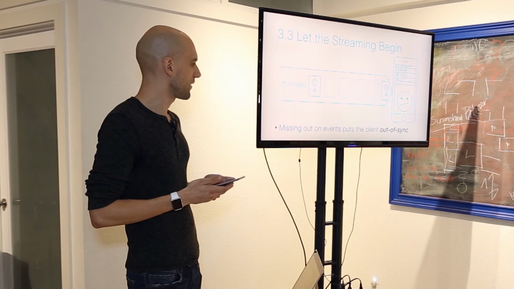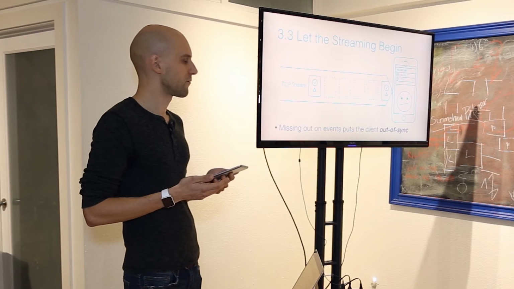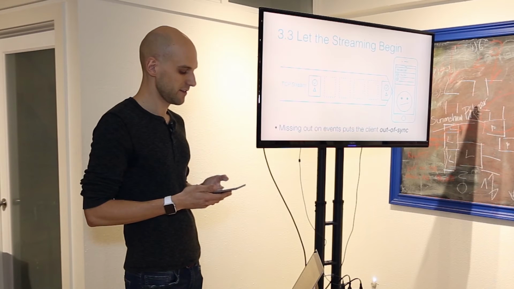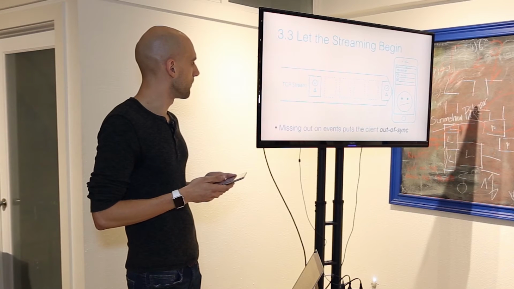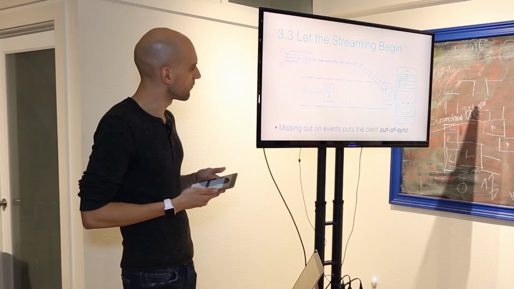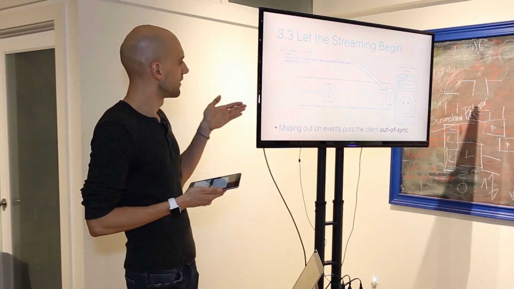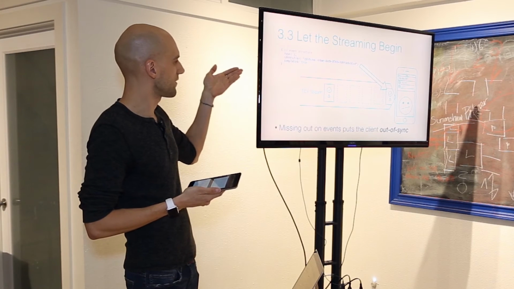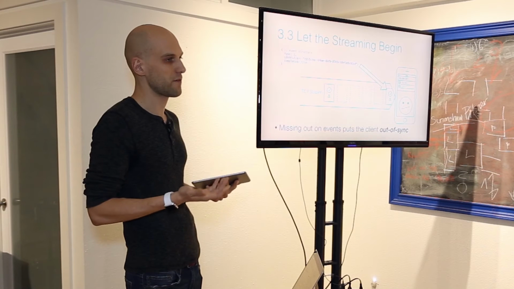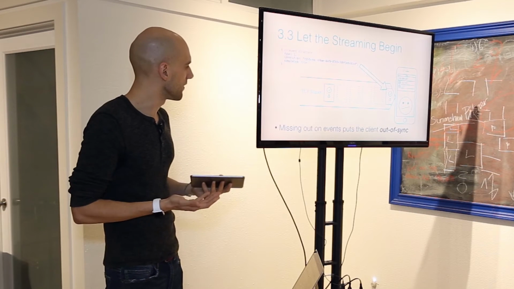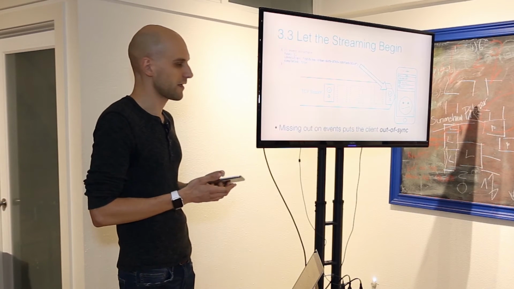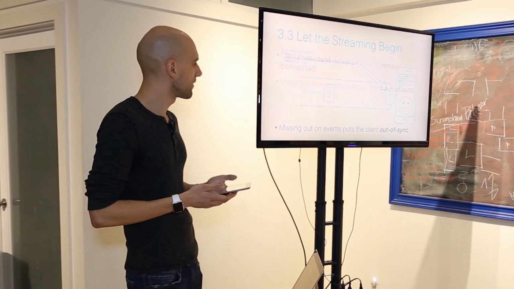That's also a state we know as out of sync. An example would be: what good would an event that describes a task mutation, that says a task has been completed, be if you haven't even received the event that actually created that task in the first place?